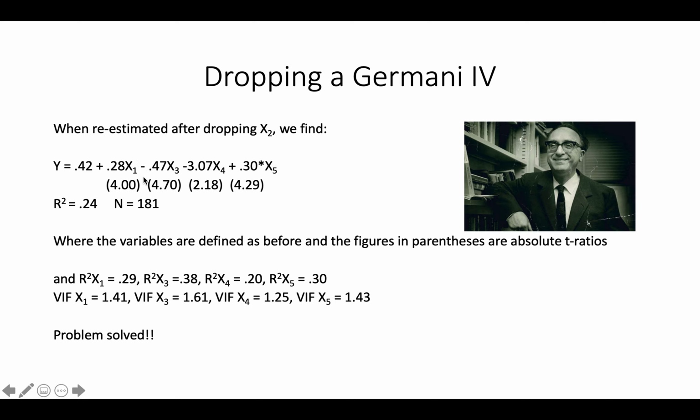X sub 1, urban blue-collar. X sub 3 and x sub 4 are the urban and rural white-collar voters. They are negatively associated with the Perón vote. The blue-collar workers are positively associated, and the internal migrants remain positively associated with the vote. So the conclusions turn out to be quite different.